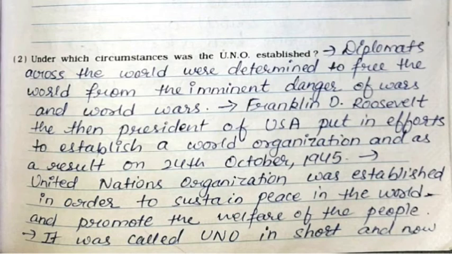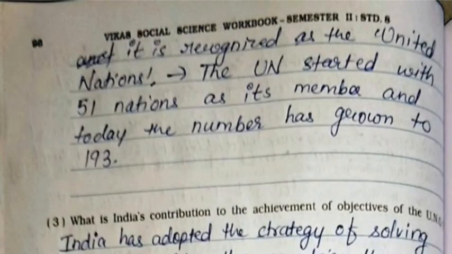It was called UNO in short, and now it is recognized as the United Nations. The UN started with 51 nations as its member, and today the number has grown to 190.